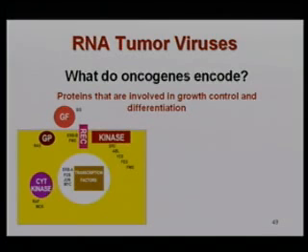As I said, they control DNA replication and cell division. Some of them are growth factor genes that you produce when cells are supposed to divide. But in the case when they're mutated, they send the signal all the time. Therefore, the cells divide all the time.